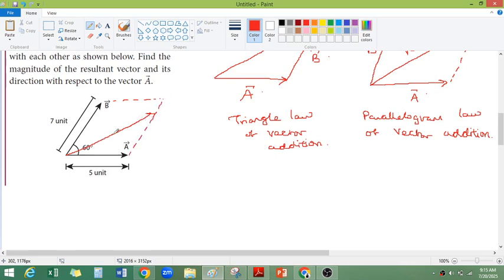So this is your resultant along this direction. So R is equal to root of a squared plus b squared plus 2ab cos theta.